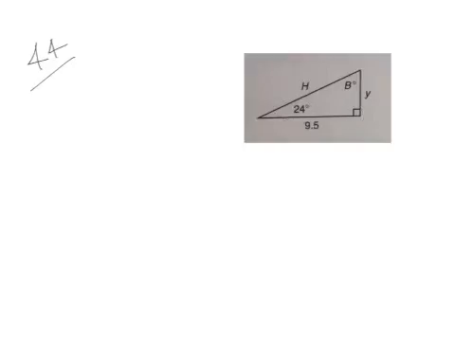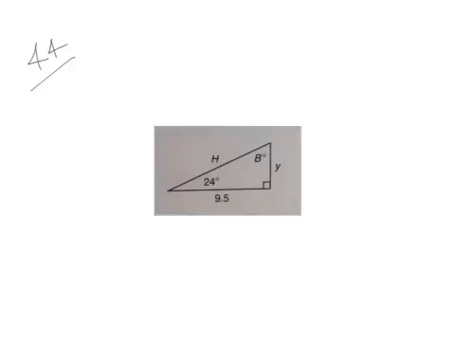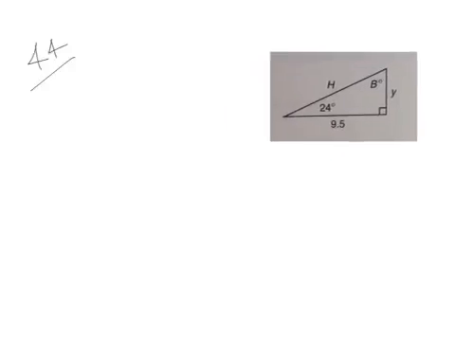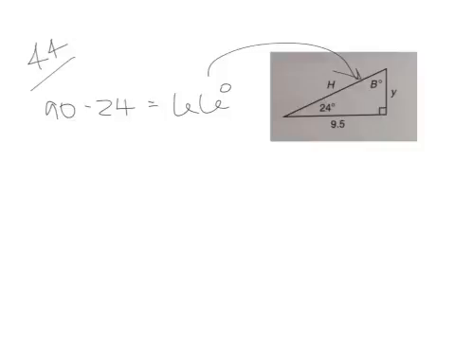So actually we can write this as 90 minus 24. So that gives me, what, 66 degrees for this angle right there. Okay, so that's the first bit of information that we're able to find.